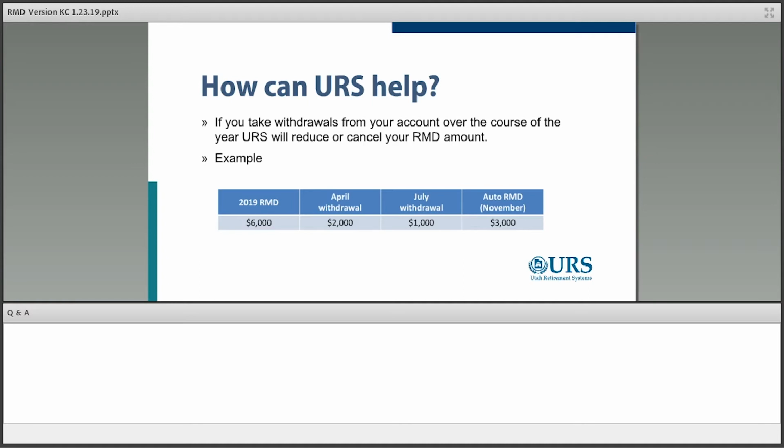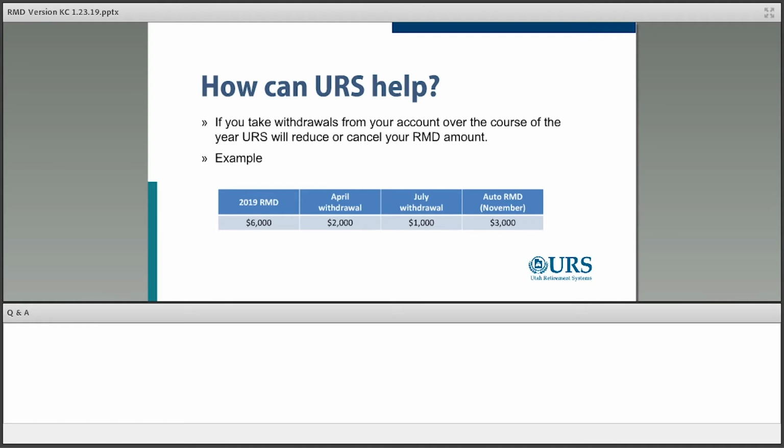So maybe, as you see in this example on the slide, your minimum distribution is $6,000, but in April you withdraw $2,000, and in July you withdraw another $1,000. Then we will automatically take that into account, and at the end of the year, if you've got us automatically sending out your required minimum distribution, we'll then just send you $3,000 at the end of the year.